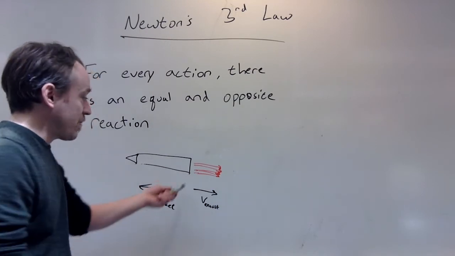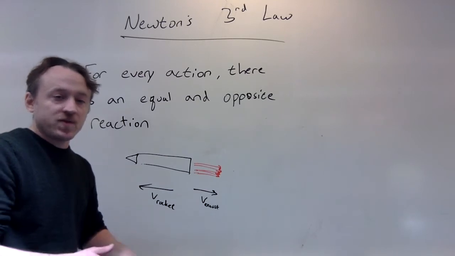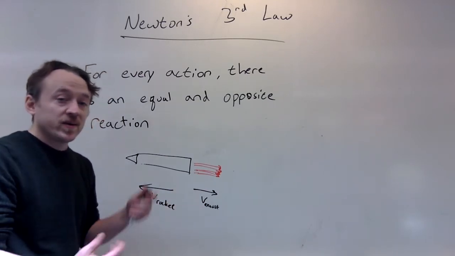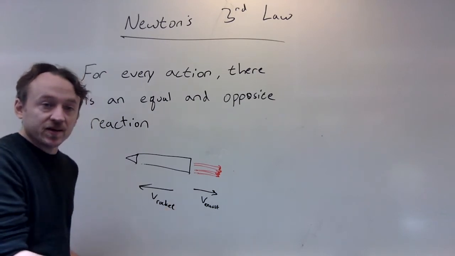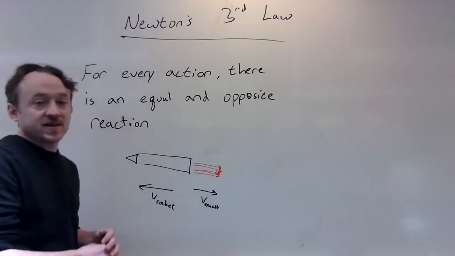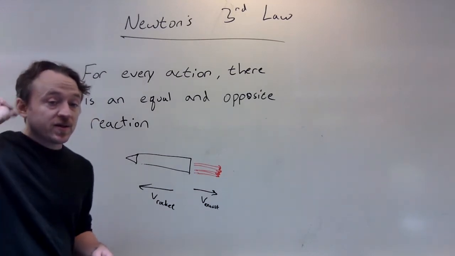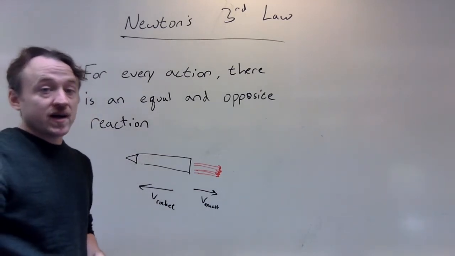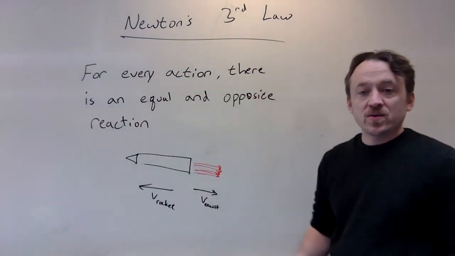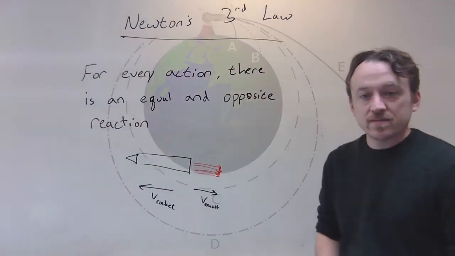Our top rockets can exhaust the fuel at something like 15,000 kilometers per hour, but that limits how fast the rocket can go. Even with a small mass on the rocket, it's limited by how fast it can exhaust the fuel. So that's Newton's third law as it pertains to us, which is a very, very important law in regards to why we don't get to visit other planets.